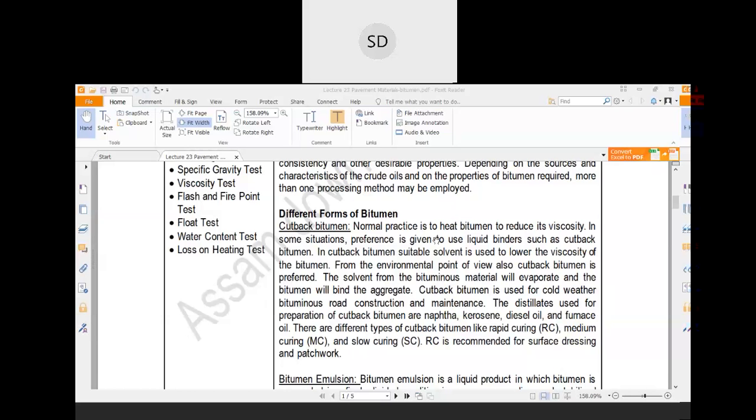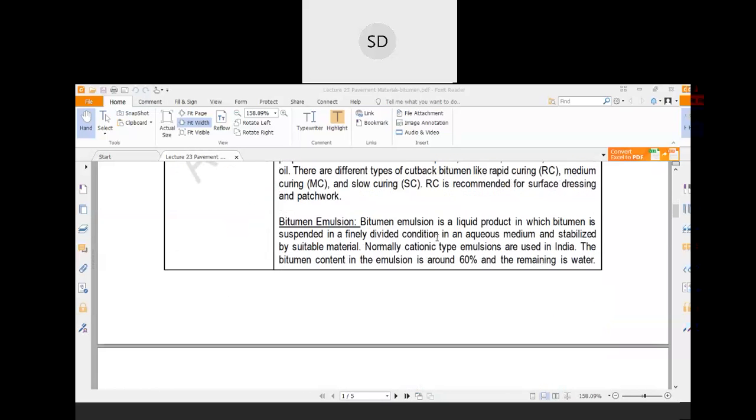Now, another type of bitumen material is called bitumen emulsion. What is emulsion? In bitumen emulsion, bitumen is mixed with water. Now, you know that bitumen cannot be mixed with water; bitumen does not dissolve in water. So, how can we mix the bitumen with the water? In this case, another chemical is used, called emulsifier liquid.